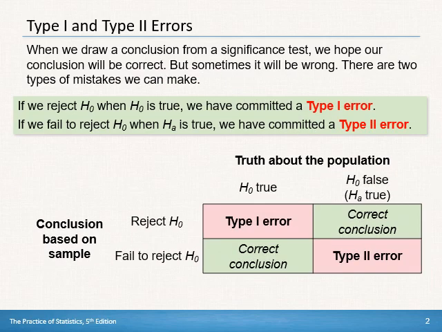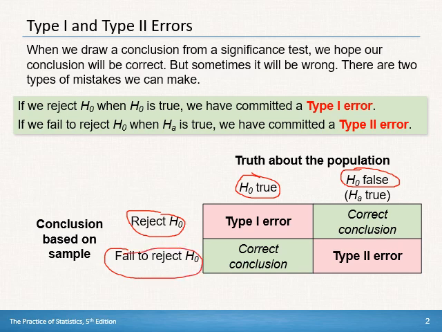Okay, so this table sort of shows the four possible outcomes when you're doing a conclusion. So the top row is you reject a null hypothesis. So on the top right corner, you have the correct conclusion if H naught is false, right? So if we look, this two-way table sort of says, either H naught is true or H naught is false, and then you either reject it or you fail to reject it, right?